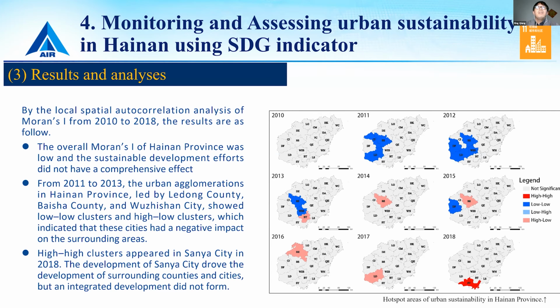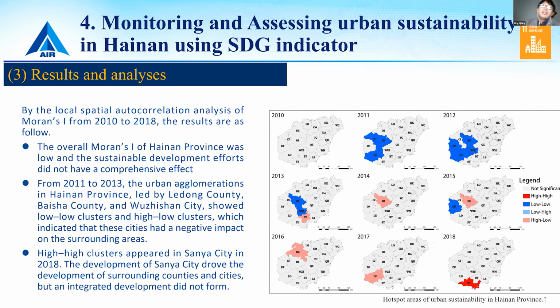From 2011 to 2013, the urban agglomerations in Hainan province led by Ledong County and some other cities showed a high-low cluster. It means that these cities had a negative impact on their surrounding areas.